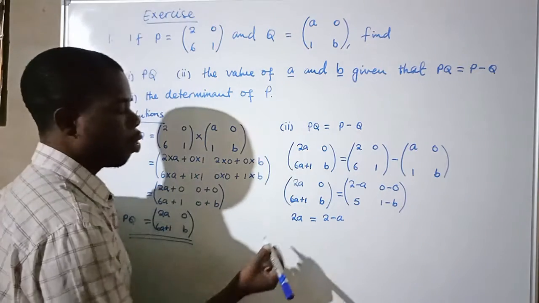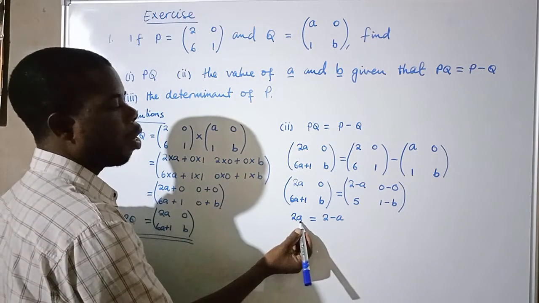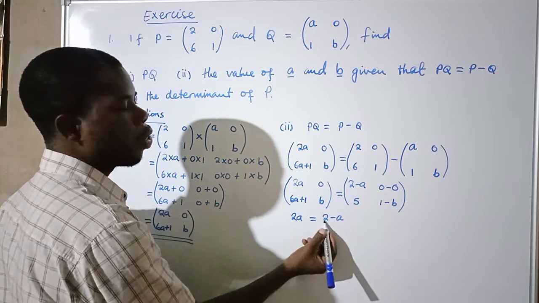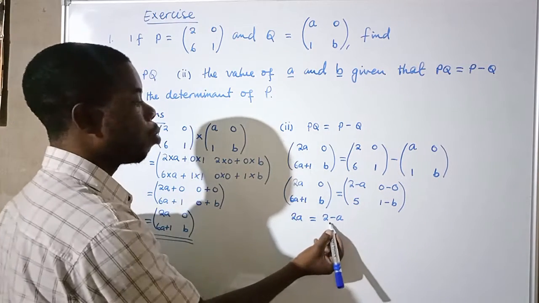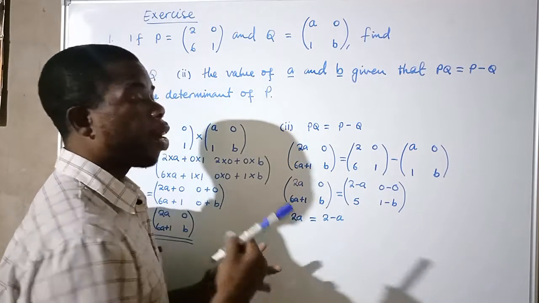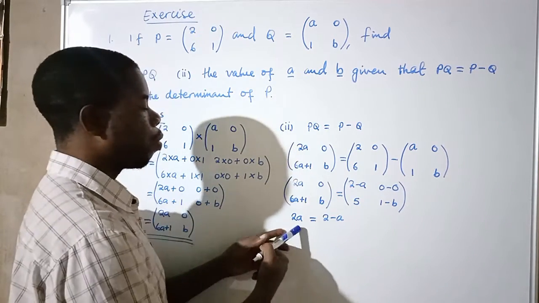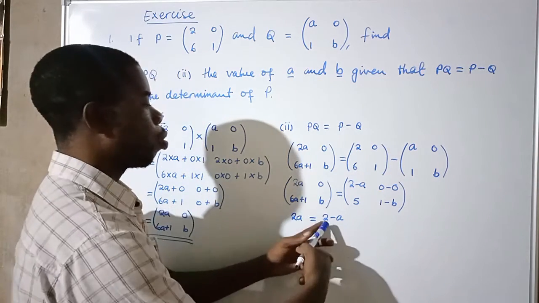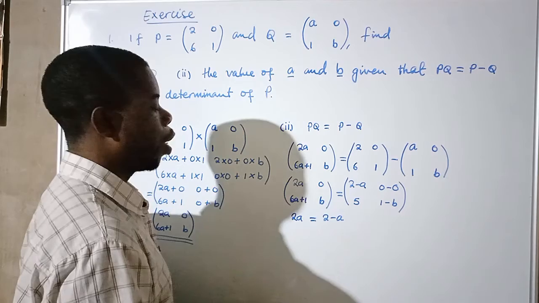Like this is a term which has a variable, and this is a variable. So these are similar, and this is just a number. So it is not similar to these guys. So like terms, or rather variables, should be on the left side of the equal sign, and constants or numbers should be on the right side of the equal sign.